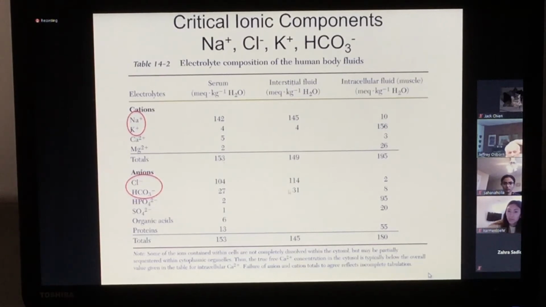But for now, you must know the concentrations of sodium, potassium, chloride, and bicarbonate in the plasma and interstitial, extracellular fluid. Okay? And we're going to talk more and more about how we regulate chloride, how we regulate sodium, and how our kidneys regulate potassium in our extracellular fluid. Okay? All right.